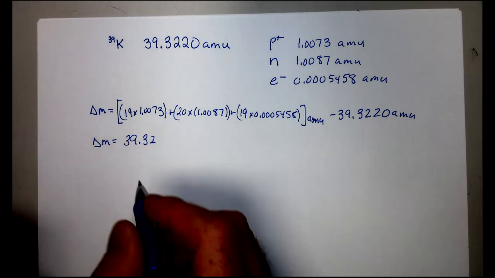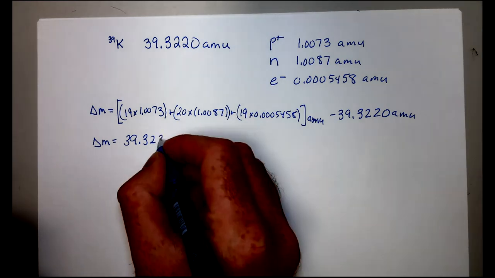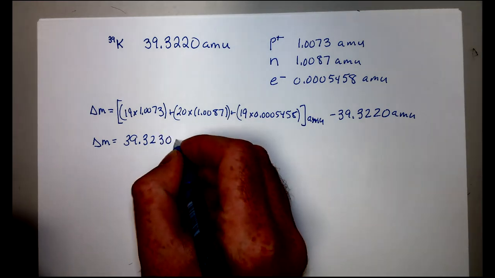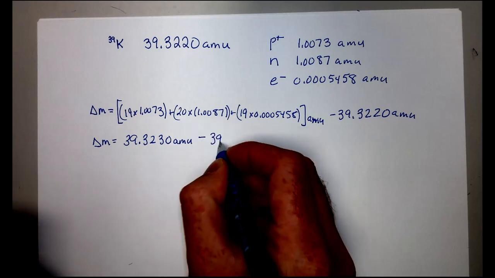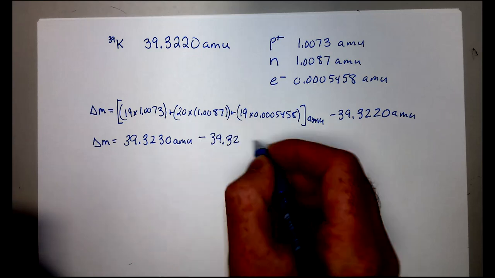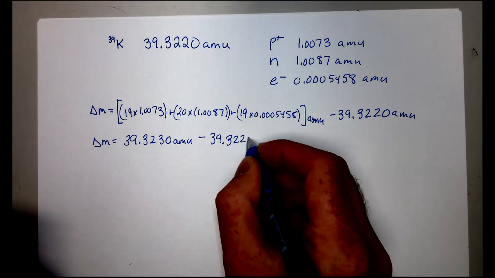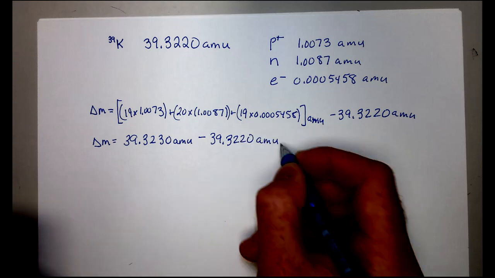We're going to do it to the same precision. So we're going to call that 39.3230 AMUs minus 39.3220 AMUs.